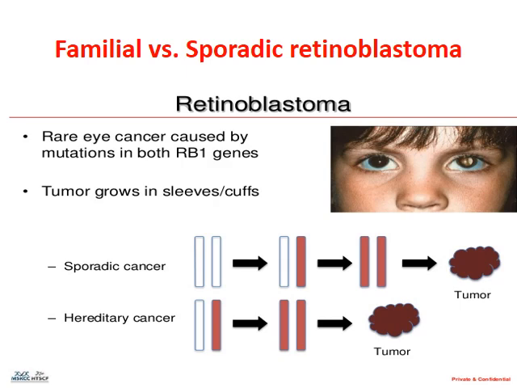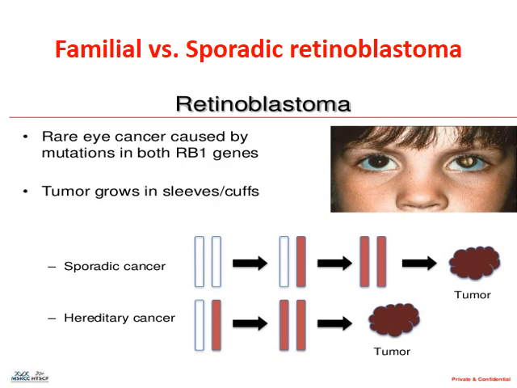In order to differentiate between familial and sporadic retinoblastoma, as we said, to have the tumor phenotype, both copies of the gene should be affected. In hereditary retinoblastoma, the baby is born with one copy affected while the other is normal. Later in life, the patient may have another mutation which affects both gene copies, and this will result in the development of a tumor.